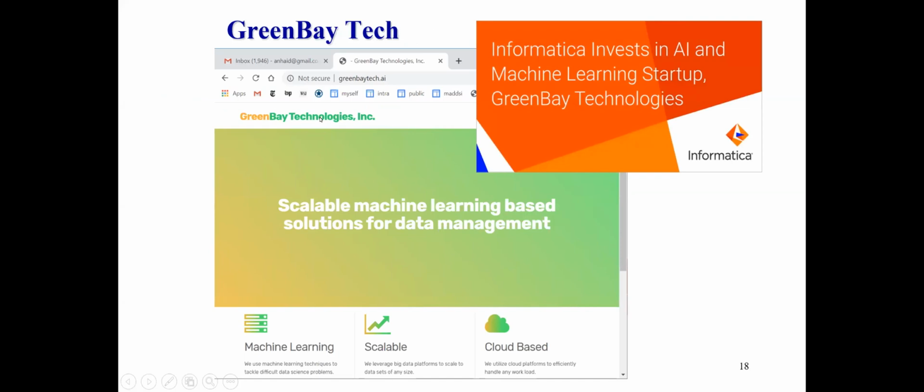I actually did not want to do a startup, but this is one of those cases where I could not refuse. Informatica has invested in this startup, and we are now developing a solution to push CloudMatcher into their enterprise entity matching platform. For the rest of the talk, I will talk about CloudMatcher.